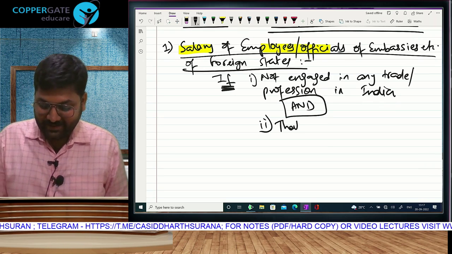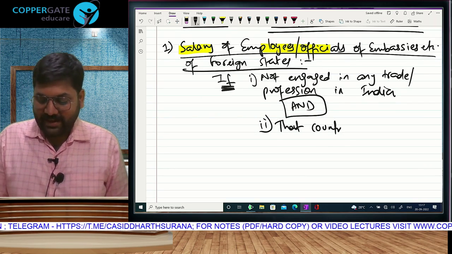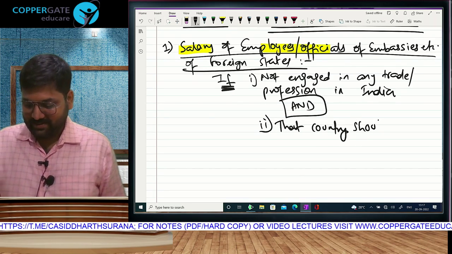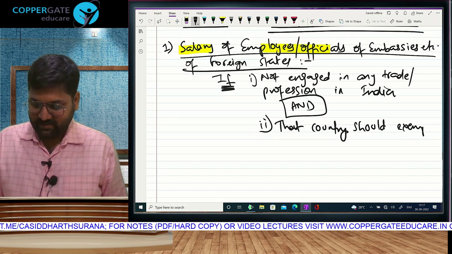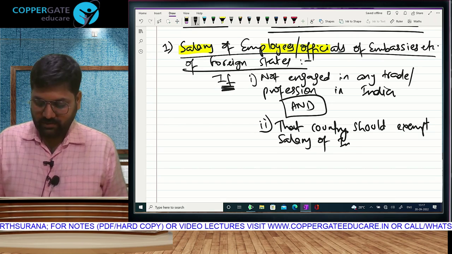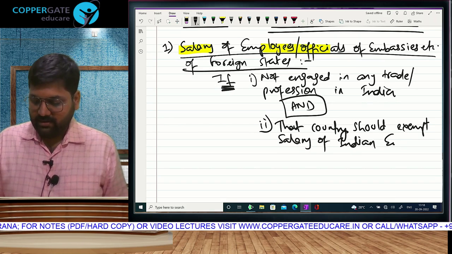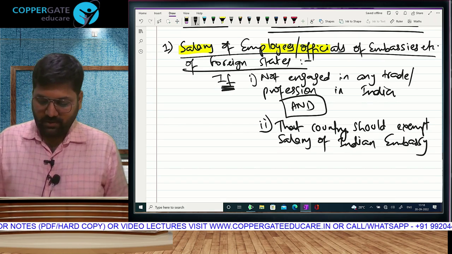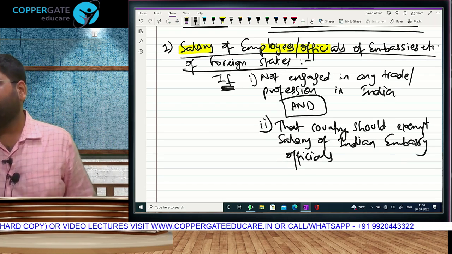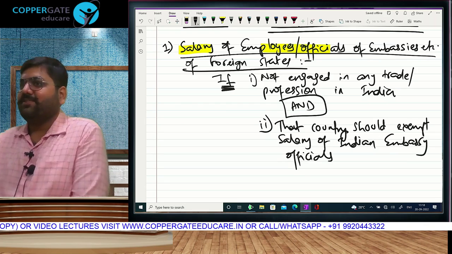That country का tax laws should have a provision that we will exempt salary of Indian embassy officials. Simple है ना? That's why I say ताली दो हाथ से बजेगा.